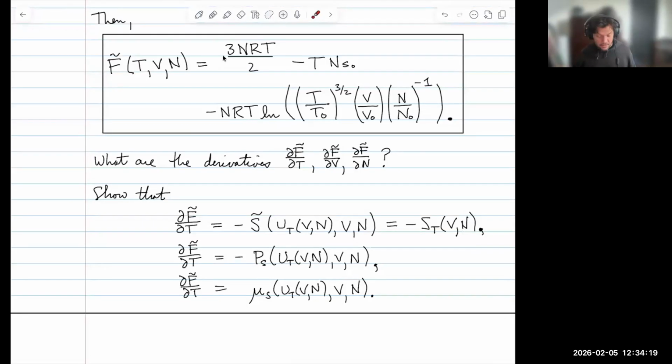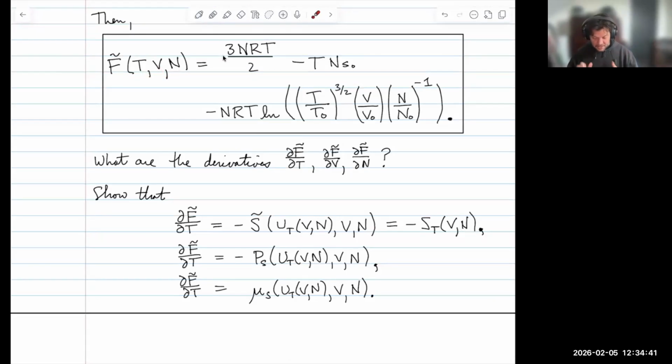Now, what have we gained here? Well, we've at least transformed the internal energy, or if you want to think about it as the entropy, we've transformed those fundamental relations to a new fundamental relation which depends on temperature, volume, and the number of moles.